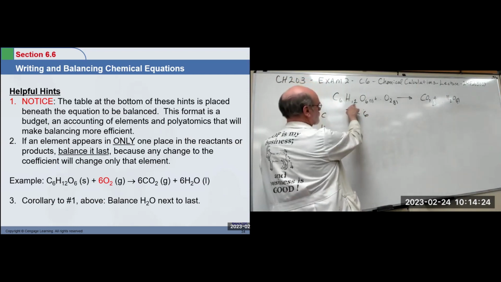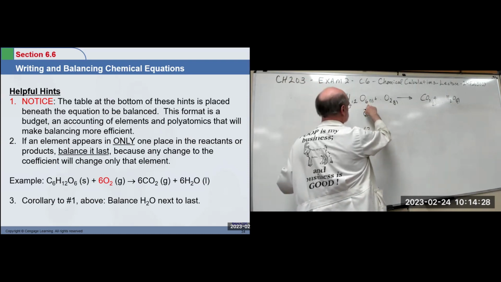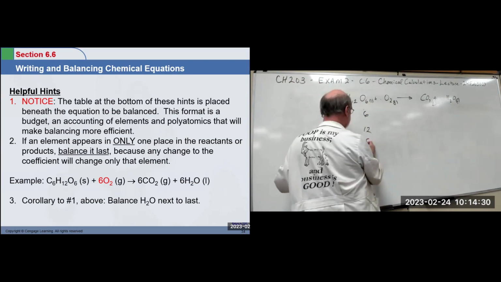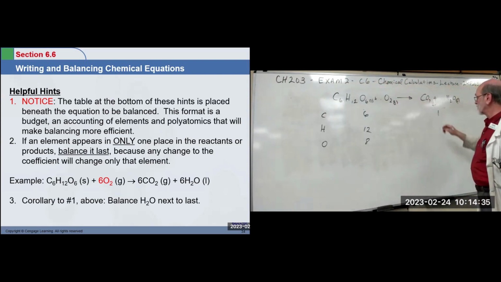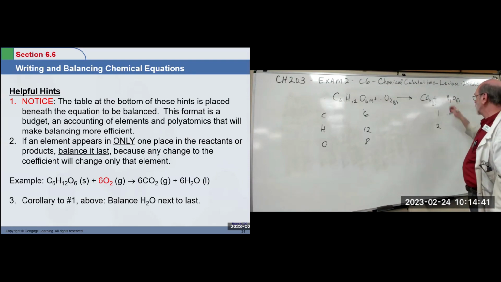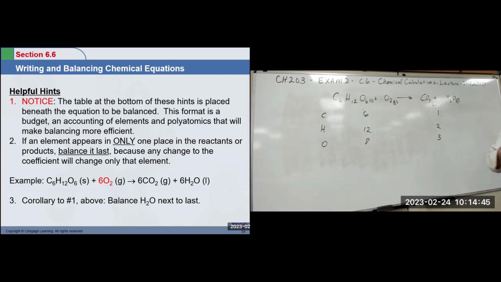We have hydrogens, 12 of them. We have 6 plus 2 is 8 oxygens. On this side, we have 1 carbon. And hydrogens, we have 2 hydrogens. And oxygens, we have 3. Okay, that's where you start.